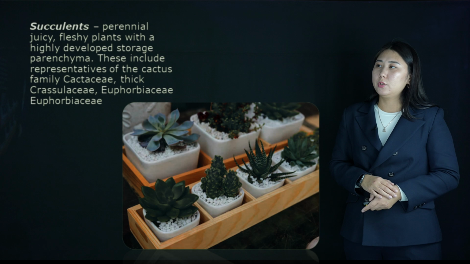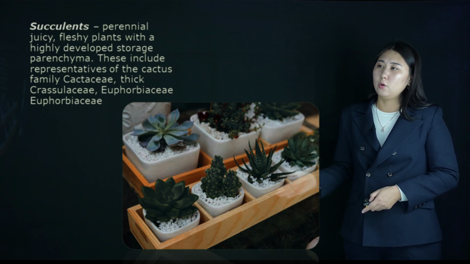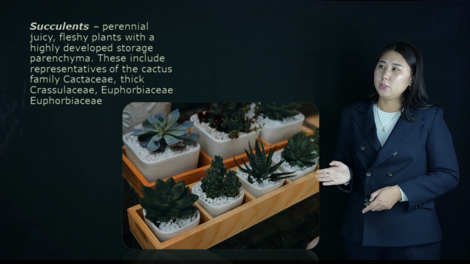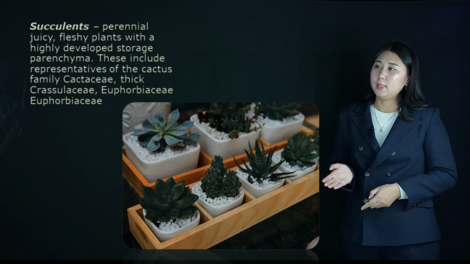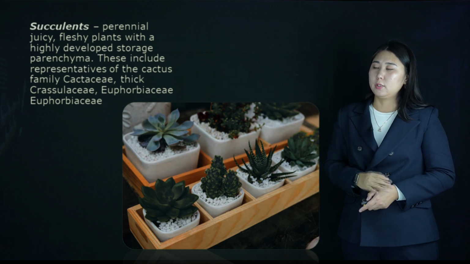These include representatives of the cactus family, thick-leaved fig, and other types of this family of plants. In this picture, you can see the types of plants which belong to this ecological group called succulents.